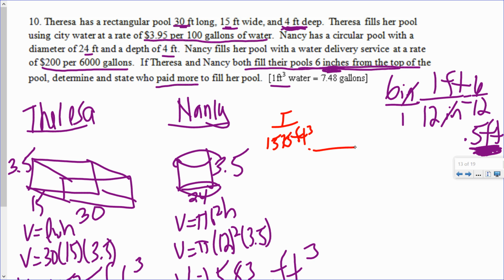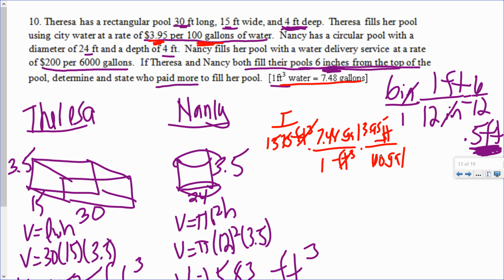So now I'm going to look in the problem for cubic feet. There it is. Cubic feet is going to gallons. 1 cubic foot is 7.48 gallons. Cubic feet are gone. Now I'm looking for gallons for Teresa. I'm going from gallons to money. Gallons goes on bottom, money goes on top. 395 for 100 gallons.